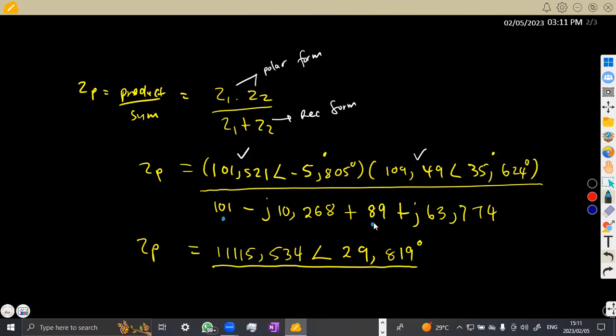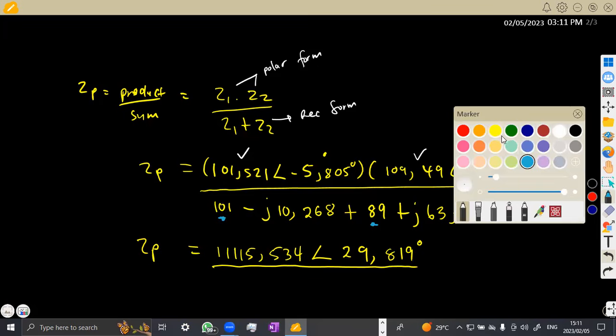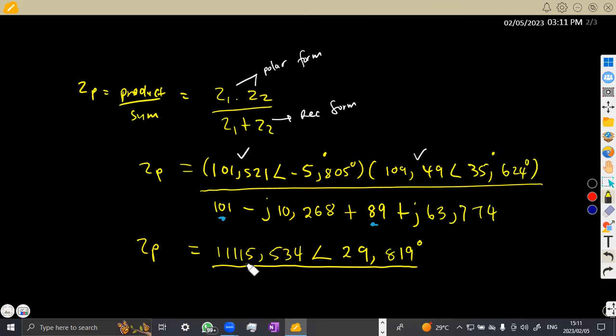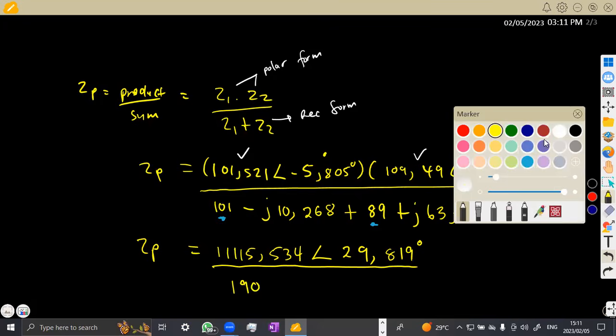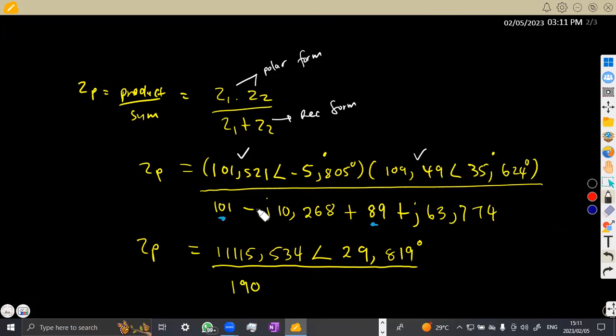Okay, then in rectangular form, it's easier for us to add because we are going to add the real parts together. So that's 101 plus 89. If you add these numbers, we are going to obtain 190 there. Then the imaginary part, you combine them separately again, minus 10 plus 63, as it is.